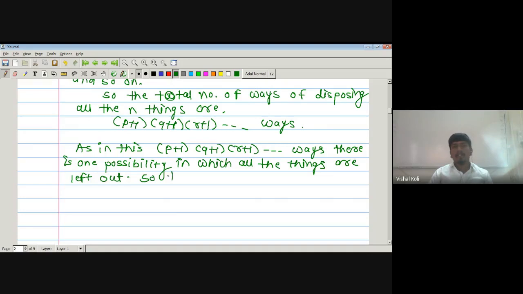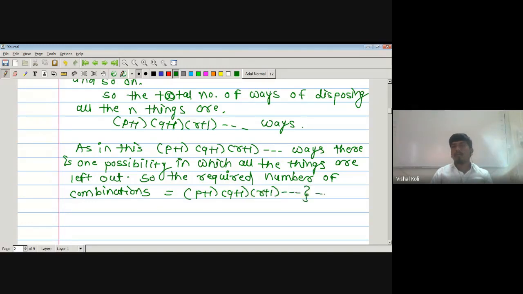So the required number of combinations is equal to (p plus 1) into (q plus 1) into (r plus 1) up to so on minus 1, since here we have removed that one possibility.